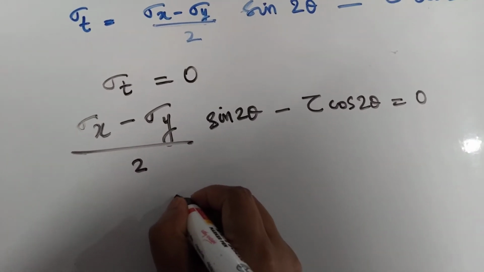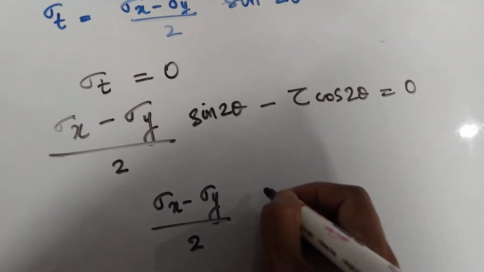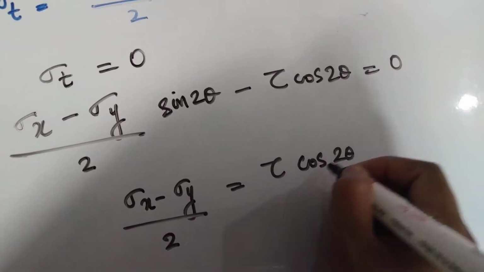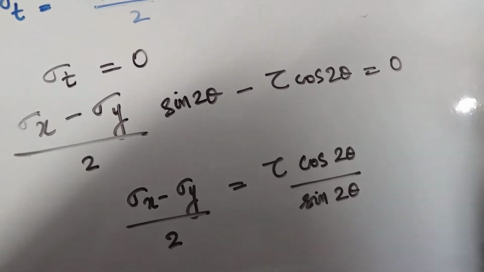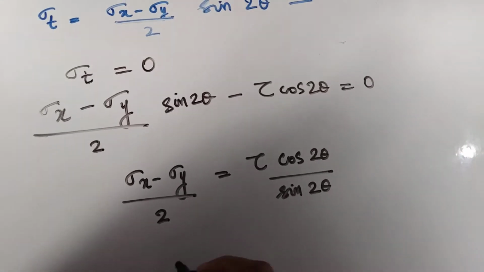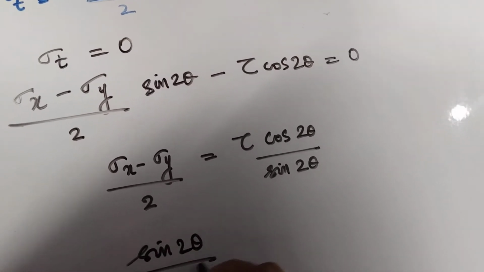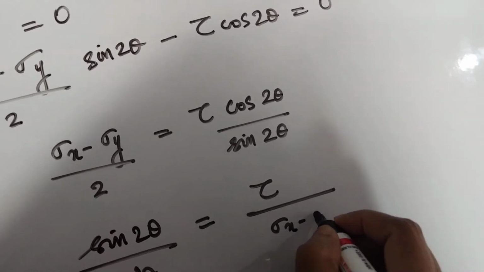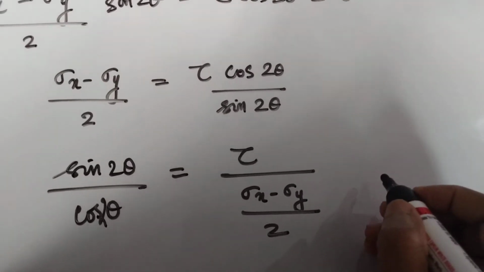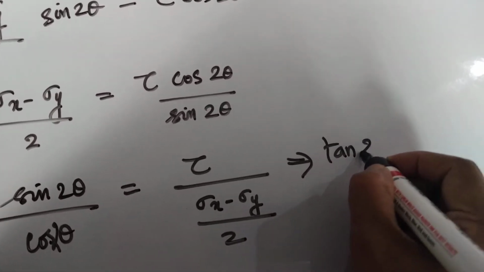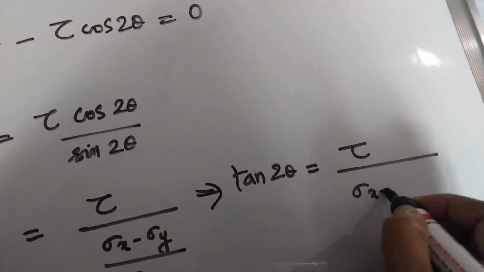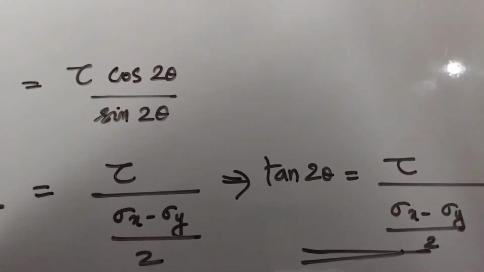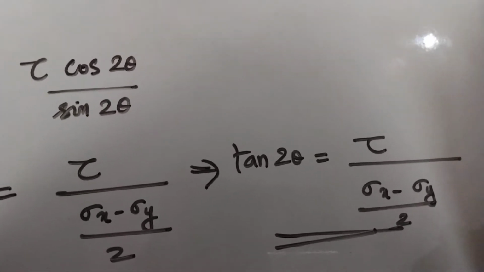That means (sigma x minus sigma y)/2 is equal to tau cos 2 theta divided by sin 2 theta, or sin 2 theta by cos 2 theta is equal to tau divided by (sigma x minus sigma y)/2, which implies tan 2 theta is equal to tau divided by (sigma x minus sigma y)/2.